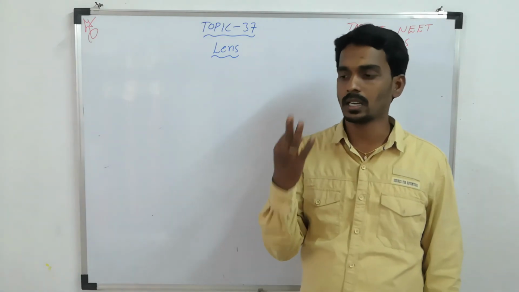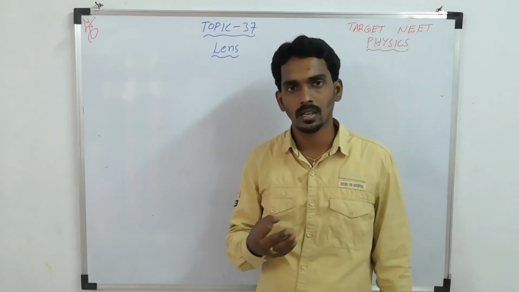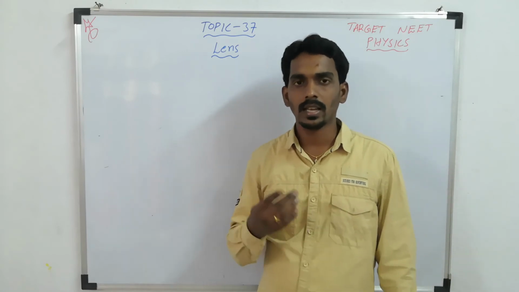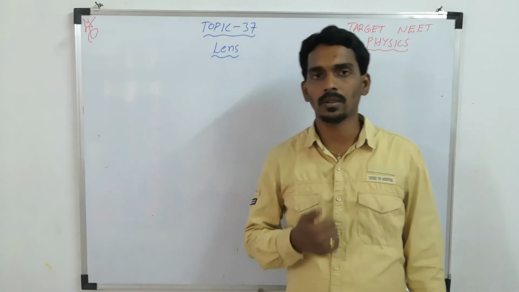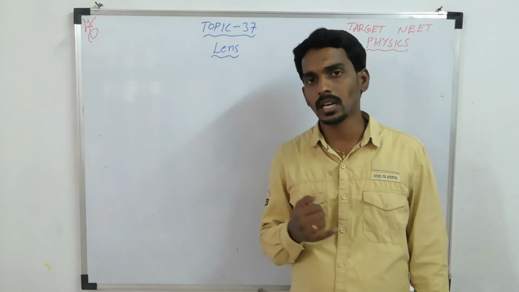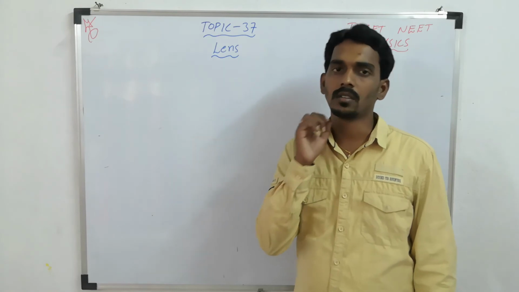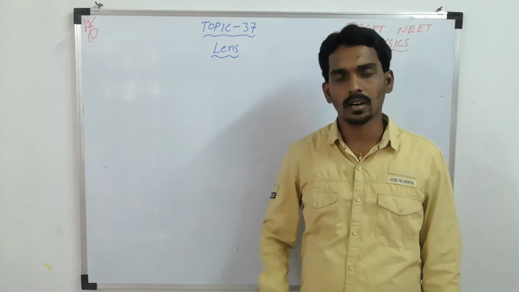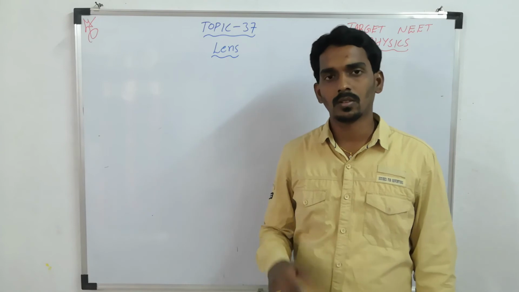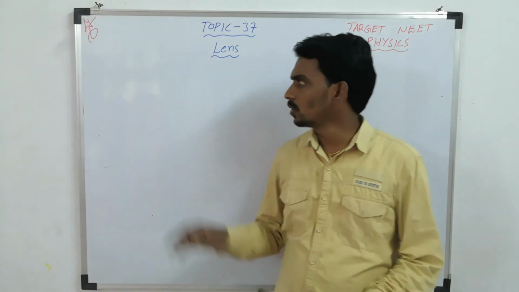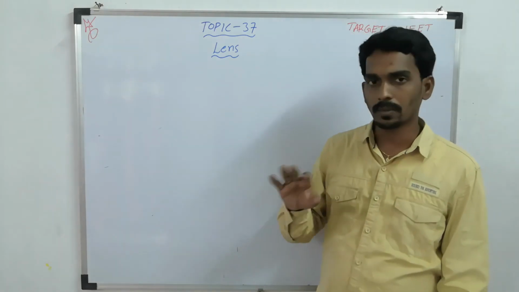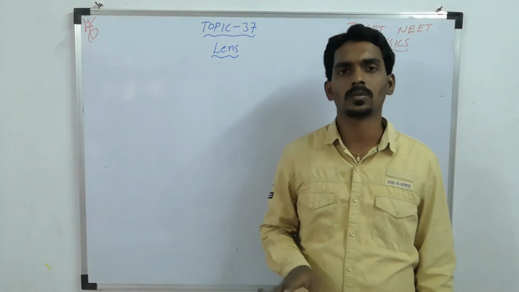Another is nature of image, another is combination of lenses, another is power of lens, another is cutting of lens, and another is silvering of lens. So these 7 kinds of questions we can get from the entrance point of view. So please remember each and every type and practice the questions as many as possible.